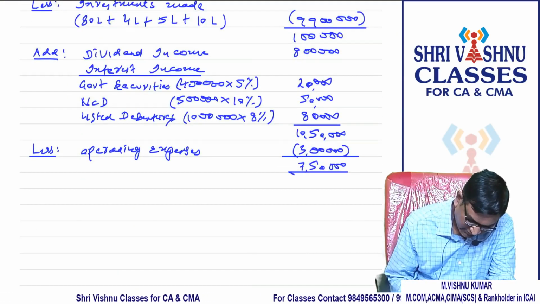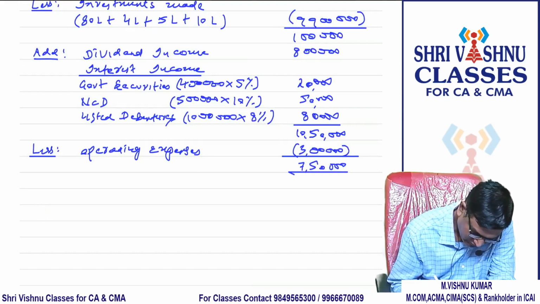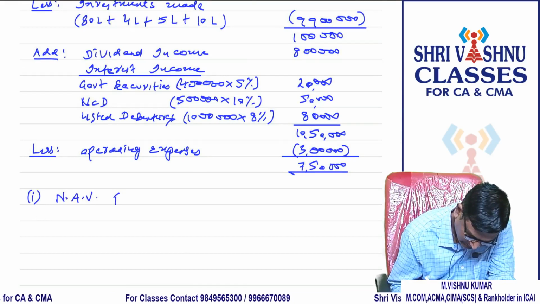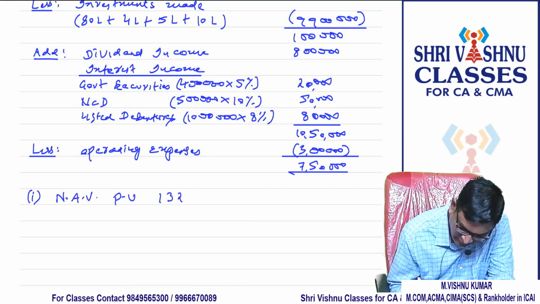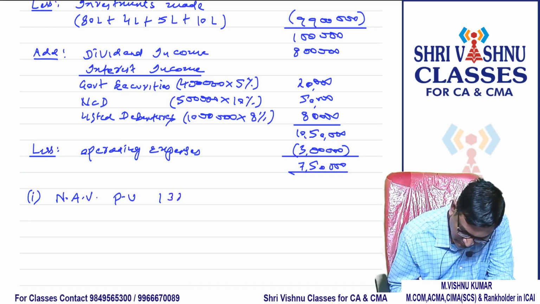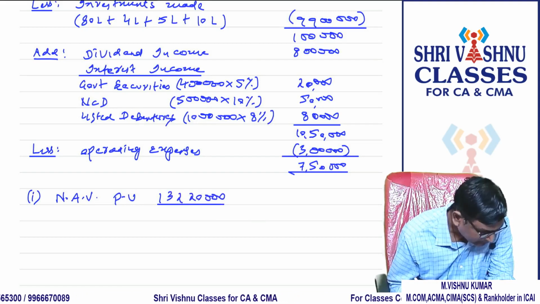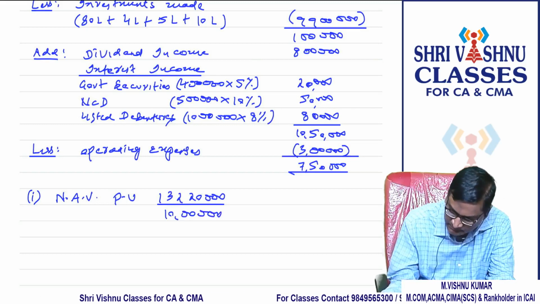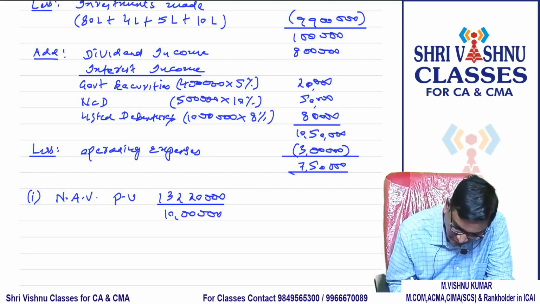So we have to calculate NAV now. Answer: NAV per unit is 1 crore 52 lakh divided by 10 lakh units, that is 13 point something.